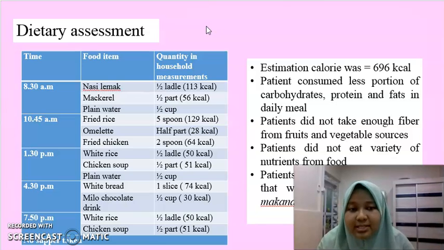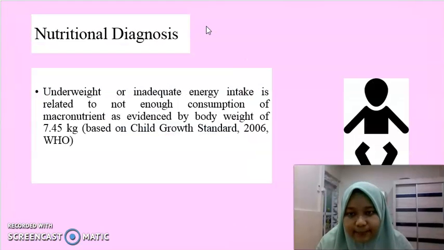The patient consumed smaller portions of carbohydrates, protein, and fats in his daily meals. He did not take enough fiber from fruits and vegetables, did not eat a variety of nutrients, and did not consume the milk given through the food basket.